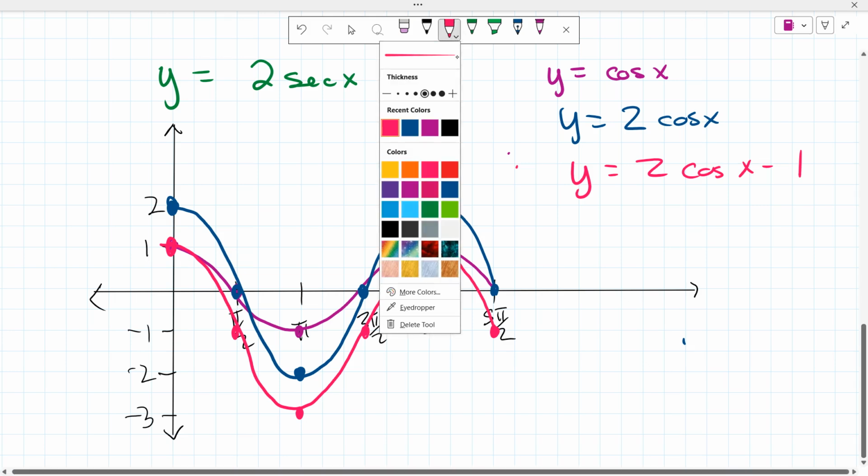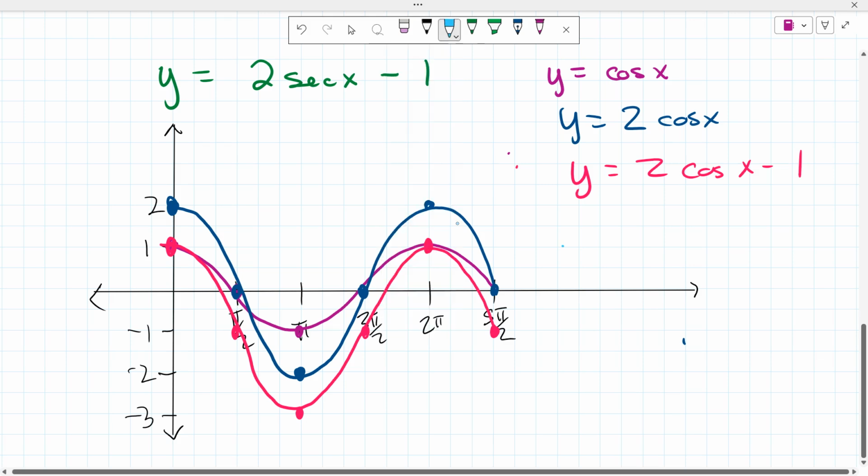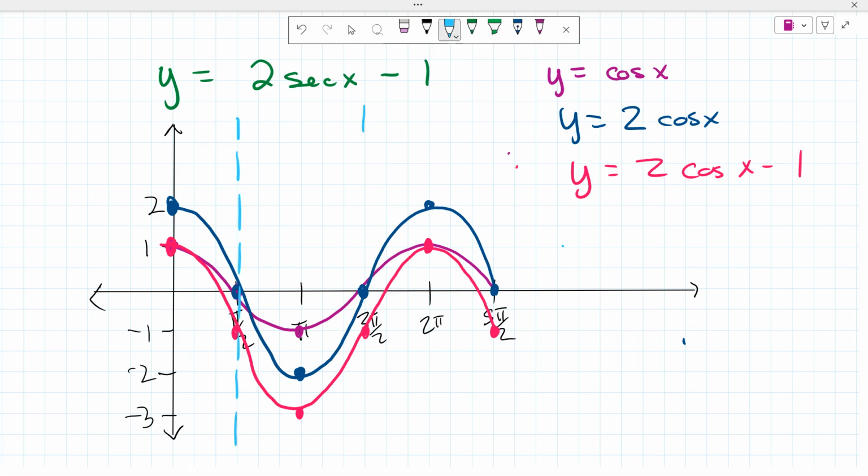So my asymptotes, I'll do in light blue, will be here, here, and here. What this minus 1 does is just takes my normal graph and shifts it down by 1. It doesn't change where the asymptotes are.